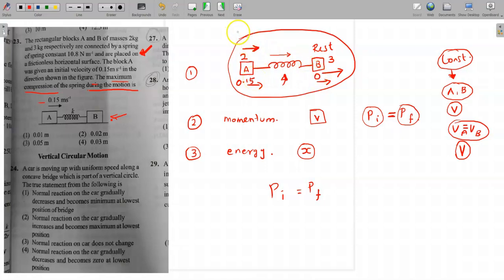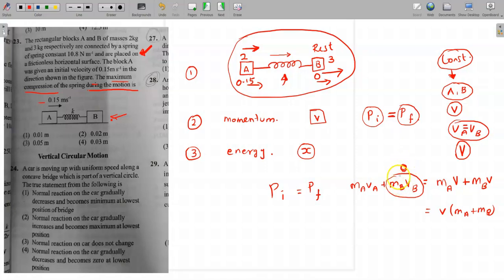So initial momentum will be MA VA plus MB VB, which is equal to final momentum. The final momentum is MA V plus MB V, as I told you, with constant speed. So (MA plus MB) V. The MB VB term will be 0 because B was at rest before collision.